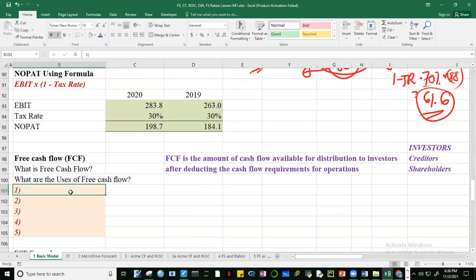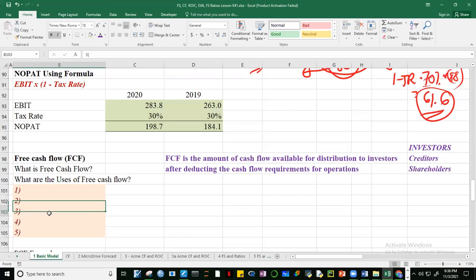What's your idea, guys? Based on our definition, available for distribution to investors, and our investors are the creditors and shareholders. Okay, Robert? Sir, dividends po. Dividends, yes, thank you. Because that's for shareholders.